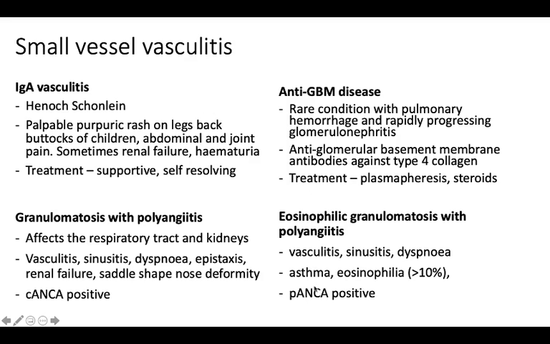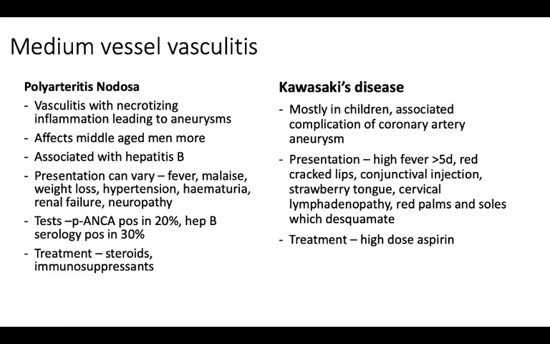Okay, so just know that they both can be P-ANCA positive, but nevertheless it can be useful. Hep B serology positive in about a third of the patients as well. Yeah, and in terms of treatment, you treat them with steroids as well as immunosuppressants such as cyclophosphamide.